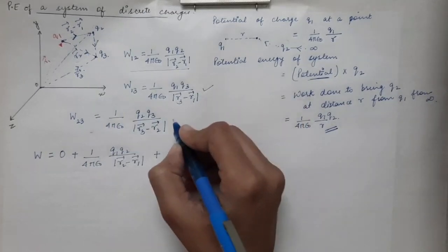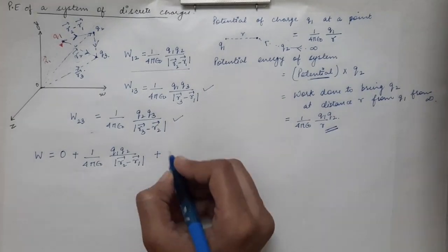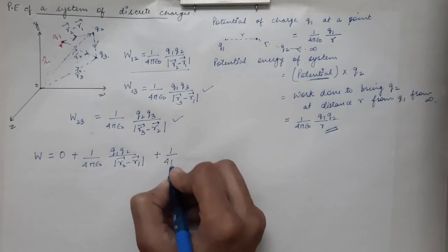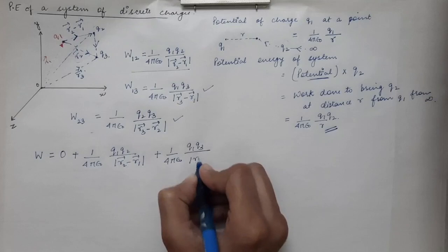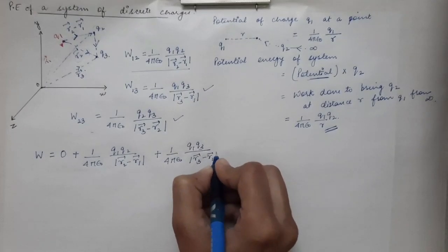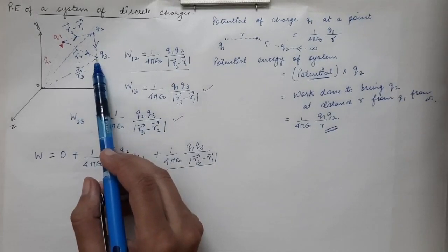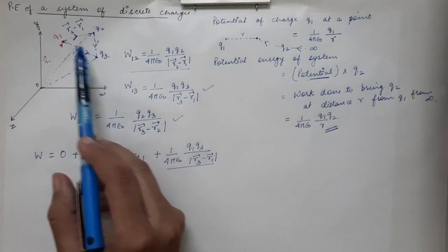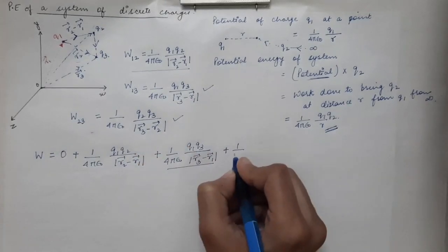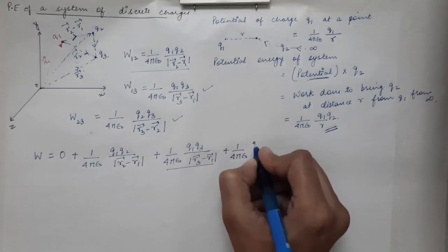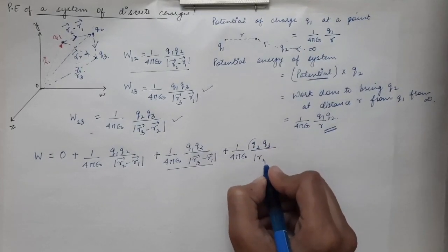We have already found the relations for the two work dones, so that will be equal to 1 by 4 pi epsilon naught Q1 into Q3 divided by R3 vector minus R1 vector. This is the amount of work done to place Q3 against the Q1 charge, and then this last term is the work done to place the Q3 charge against the Q2 source charge.